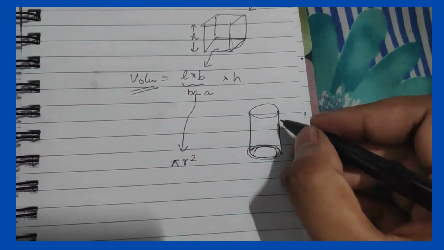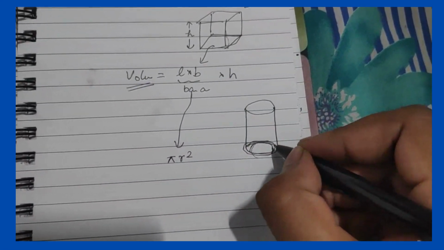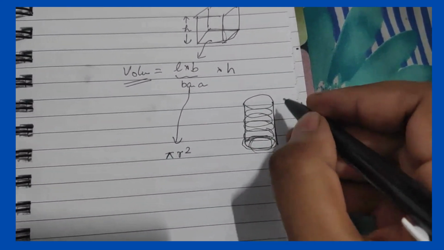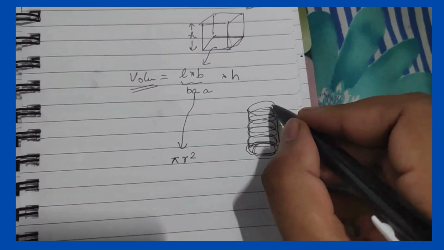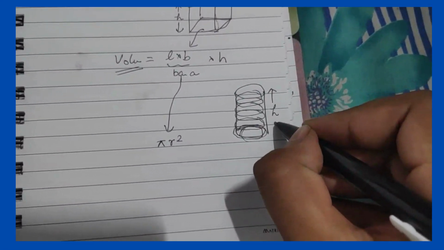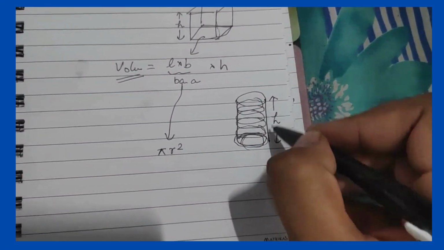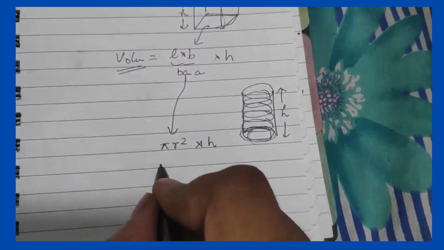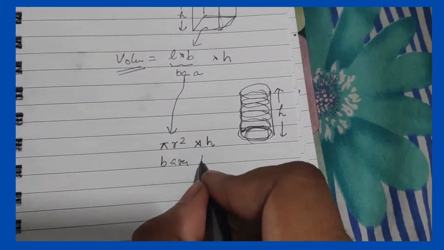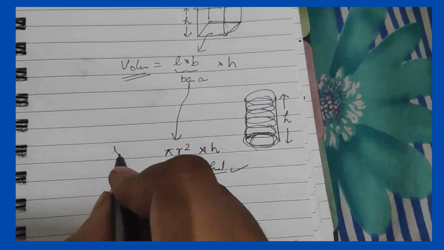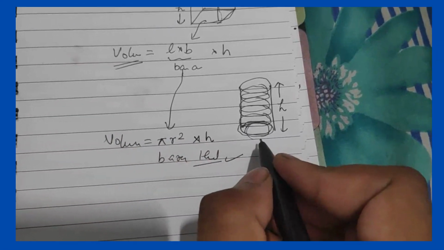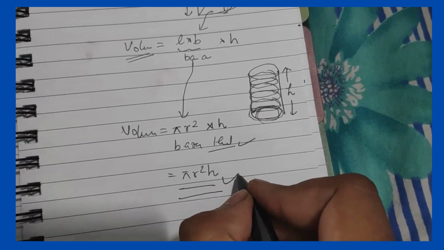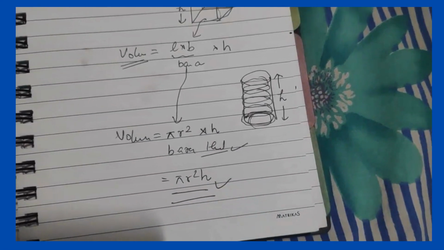Now, I kept one more pi r square, again one more pi r square, again one more, like I showed with the textbook, till the height H. I have kept this many pi r square till the height H. So multiplying with the height, this is the base area into height. This is simple. So this is the volume of a cylinder, which we have learned, pi r square H. Isn't that simple? So like that it comes.